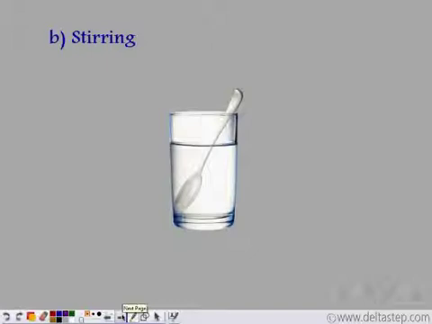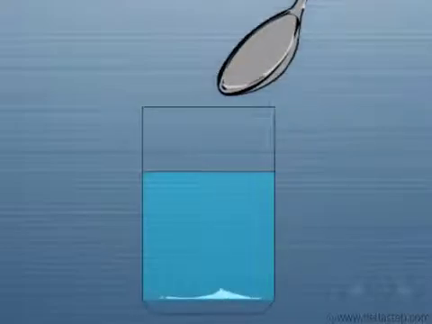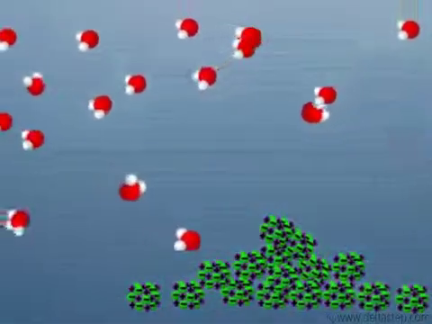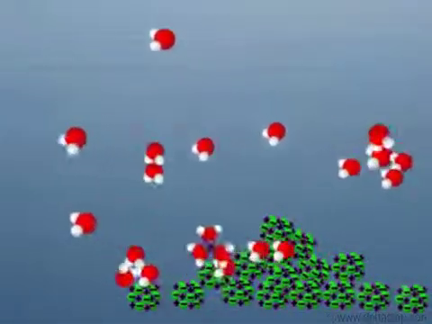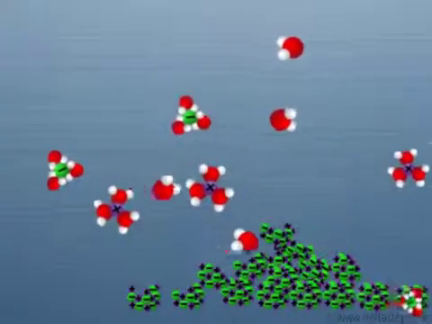Let's see. So we add salt to water. Now if it is allowed to remain like this, the water molecules act on the salt particles, and they act only on the surfaces which are available to them. They cannot reach the other salt particles.